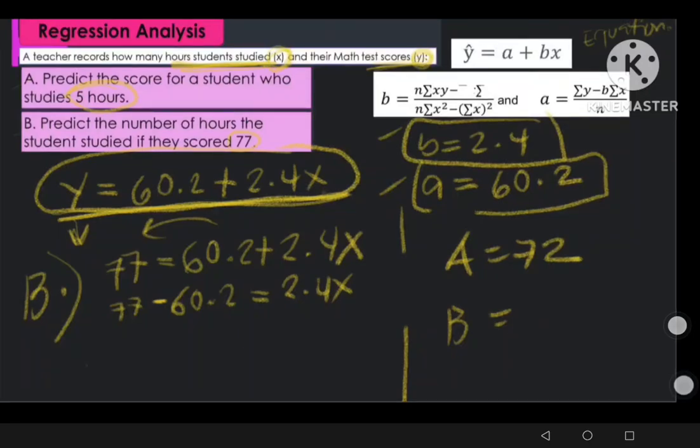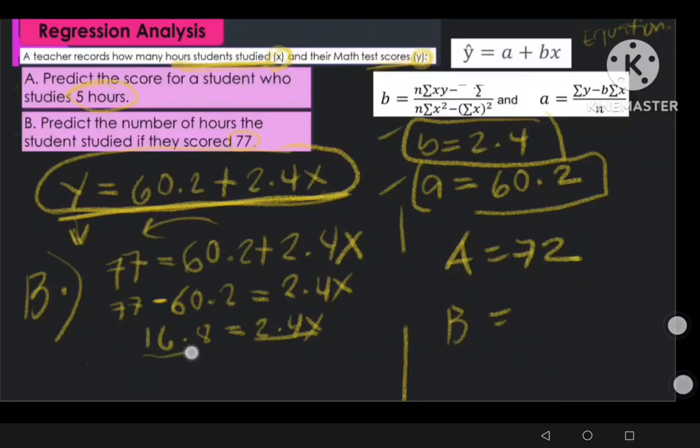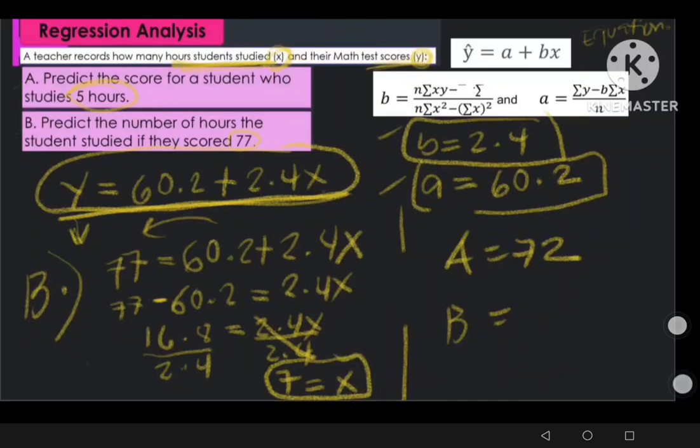Using your calculator, 77 minus 60.2 is equal to 16.8, which is equal to 2.4x. Since we need to find the value of x, we divide both sides by 2.4 so that 2.4 cancels out and x remains. So x is equal to 16.8 divided by 2.4. The result is 7. So the value of our x is 7.